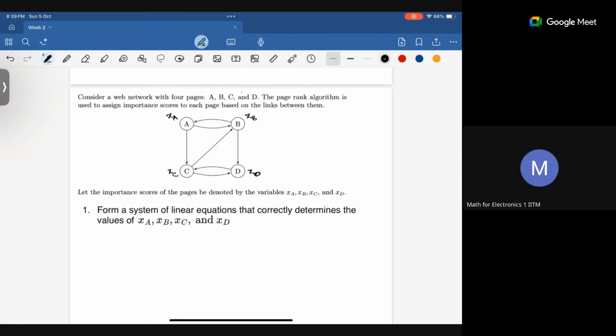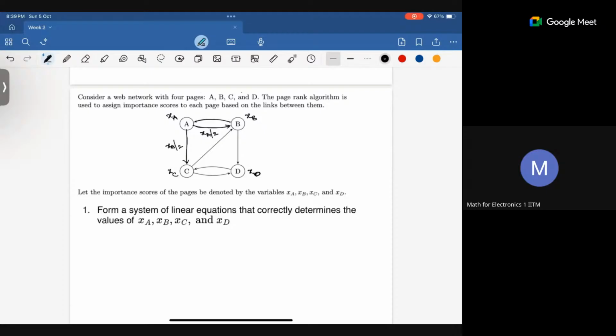The overall importance of A is XA, and that overall XA is shared by 2 pages, one by B and one by C. Overall importance is XA and it is being shared by 2 of them. Therefore, the importance is equally shared between both of them: XA by 2 and XA by 2.